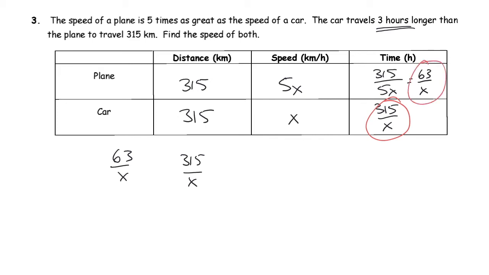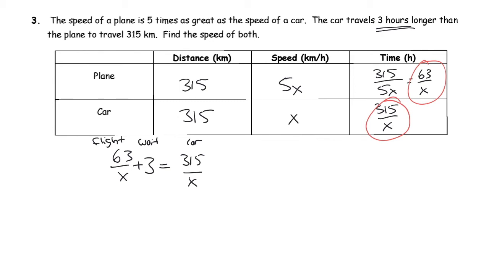So in order to make them equal, I need to add the extra time to the plane. Think about it like this: 63 over x is the flight, and this is the amount of time that you wait for the car to drive. You always add that extra time to the faster one because that's going to be the wait time here.